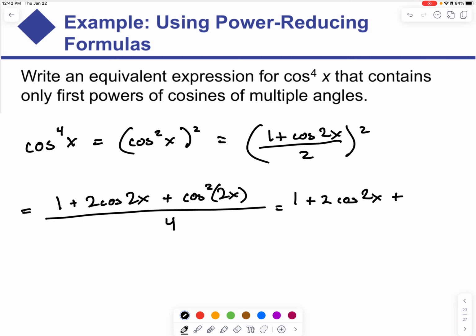So this guy, 1 plus, it should be cosine, I guess it's going to be cosine of 4x over 2.